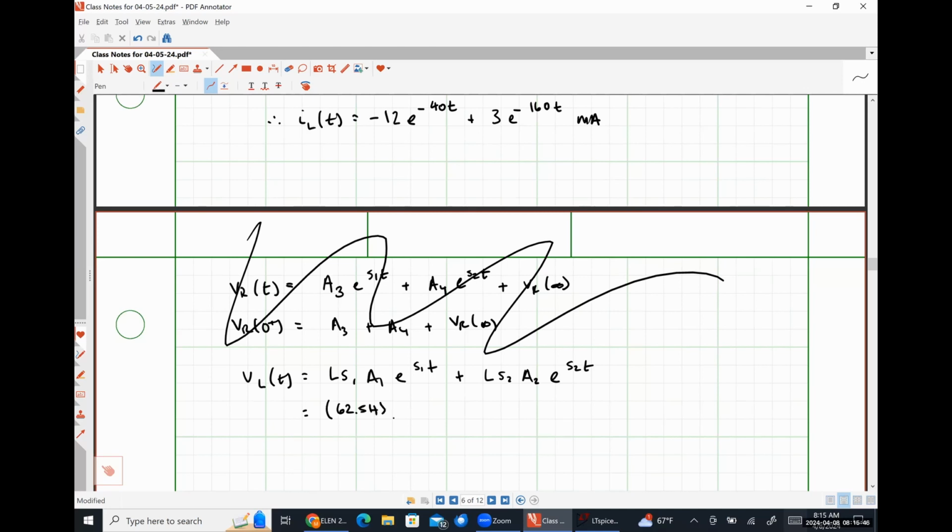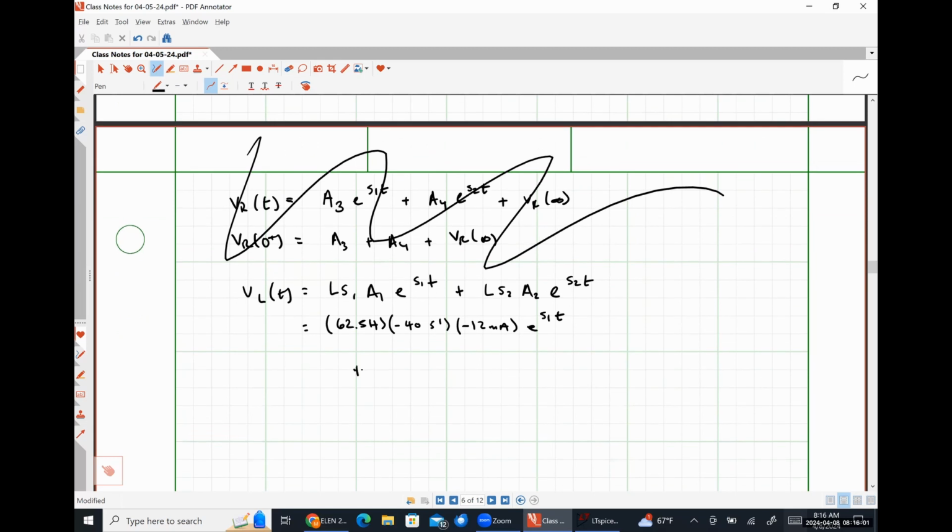62.5 henries times S1, which is negative 40 per second, times A1, which was negative 12 milliamps, e to the S1t, plus L, 62.5 henries, S2 was negative 60 per second, A2 was 3 milliamps, e to the S2t.